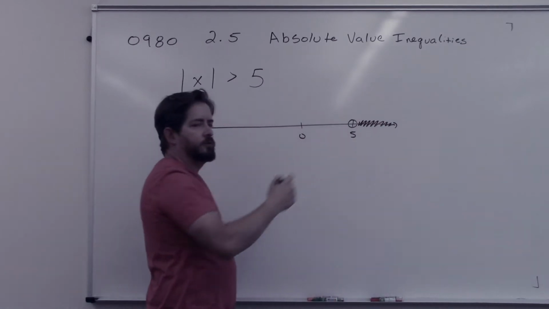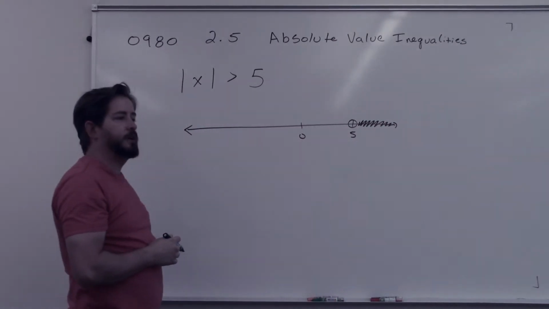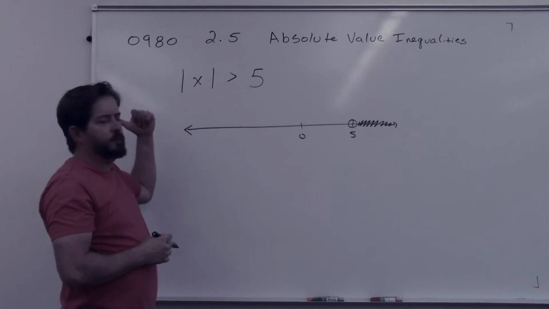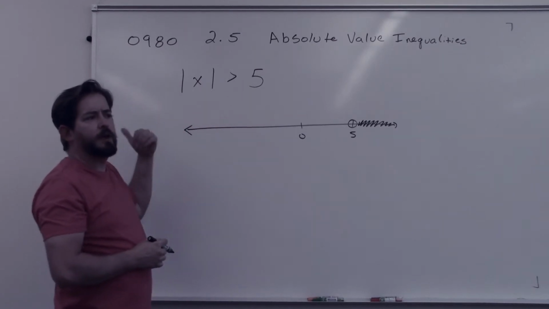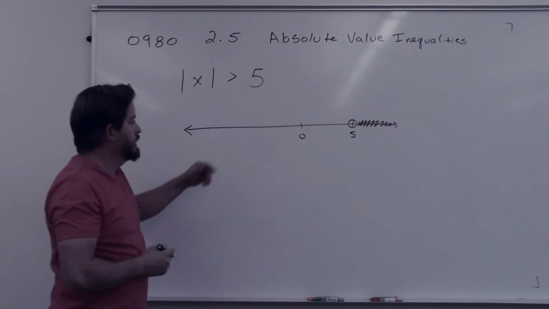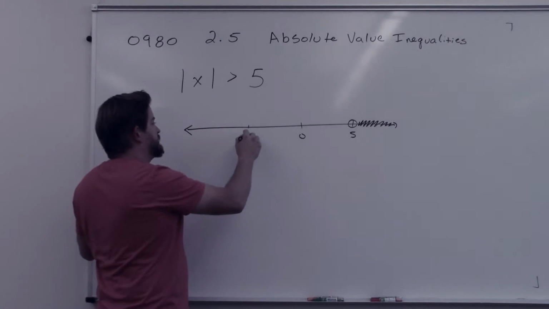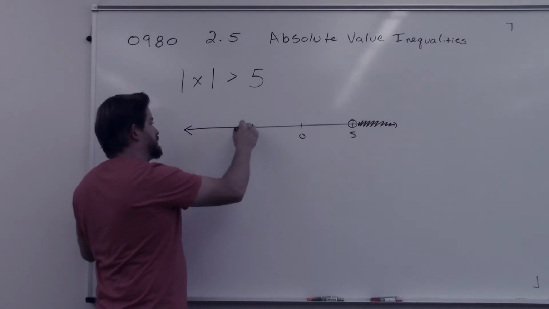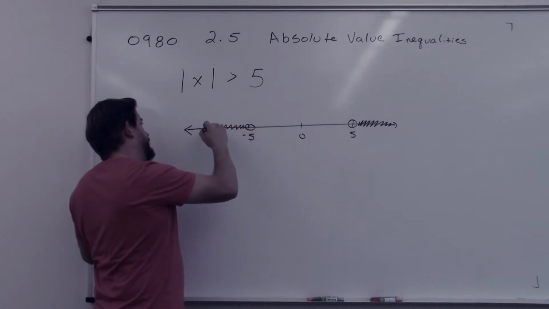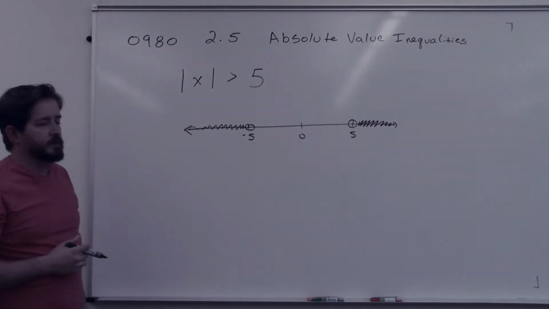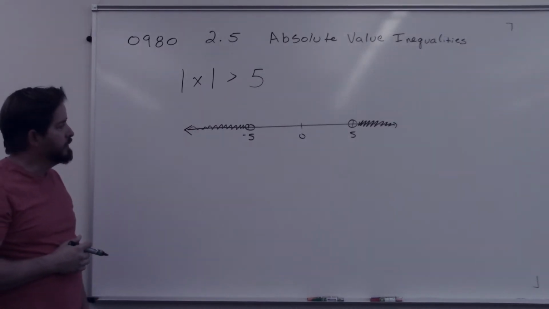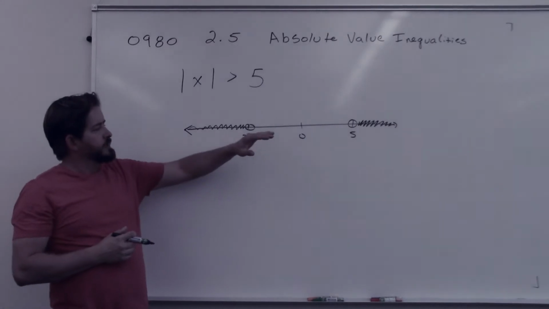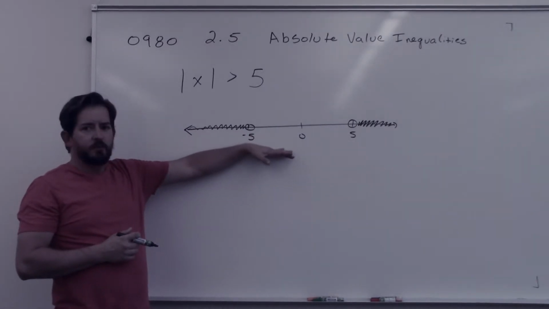Right? We have all of those, anything past 5. But it could also be the other way. It just has to be that far away from 0. So that means here at -5, we also get a circle around it, and anything in there is included, right? So if you recall from previous sections, this looks like an OR statement.